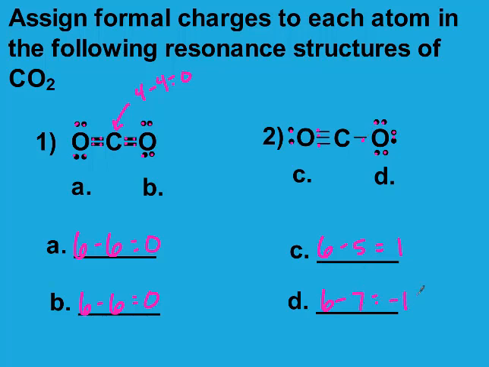So that's a negative 1. And then our carbon came in with 4, and it currently has 4, so it has a formal charge of 0. So if I had to choose between structure 1 and structure 2, I would say structure 1 because the formal charges are smaller or lower than structure 2. And make sure that you have your work showing all of your formal charges.